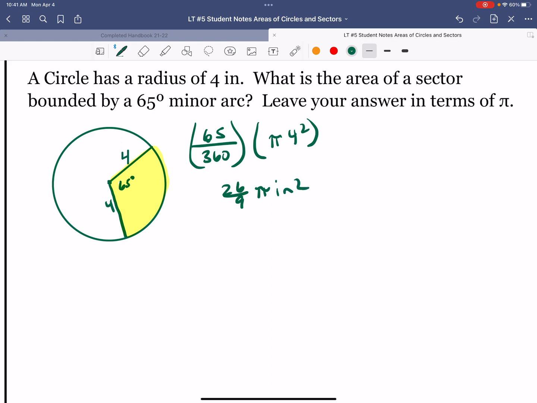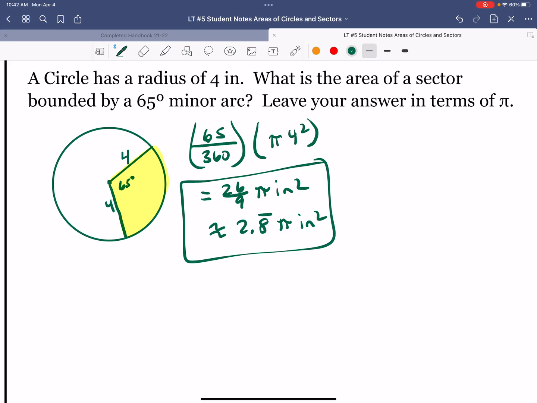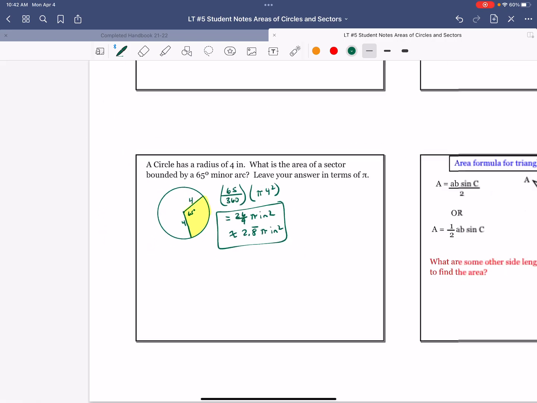That's exact, because I know that's going to give me a decimal. This is about 2.8 repeating pi inches squared. So you could have either of those if you represent the 0.8 repeating. Okay, so that's how you do a sector.